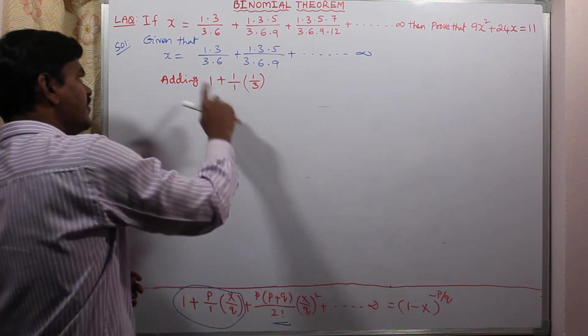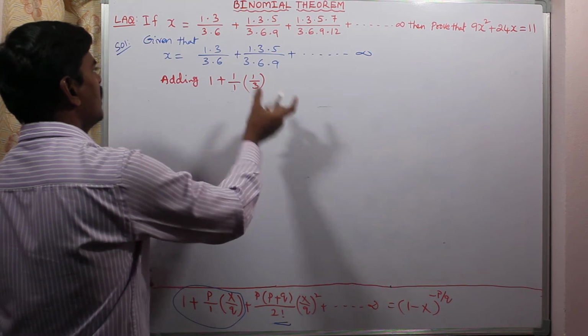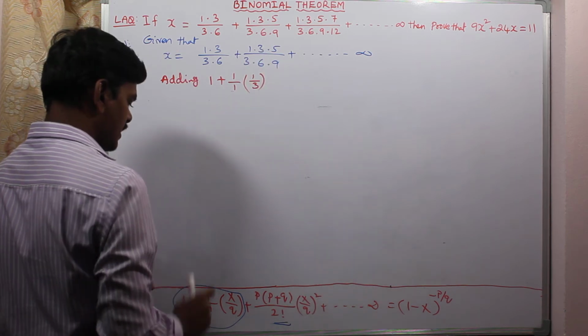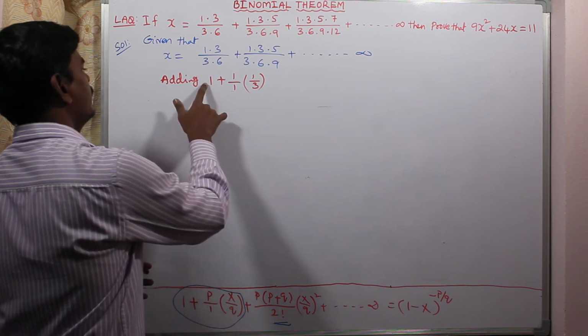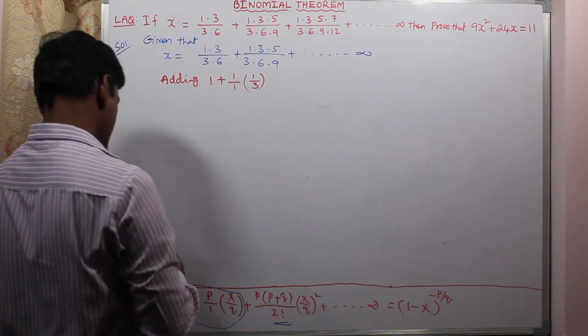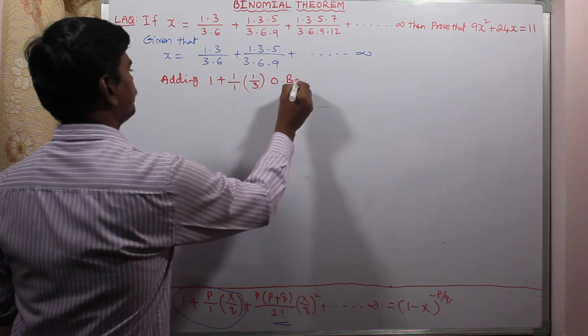So this is the term we need to add on both sides so that the given infinite series changes into formula form. Which term do we need to add? 1 plus 1 by 1 into 1 by 3 on both sides.